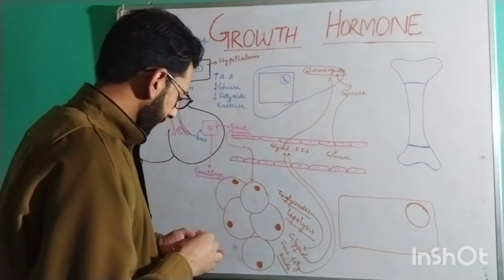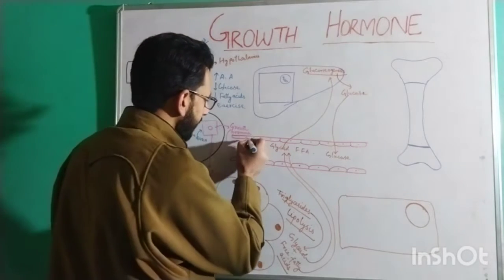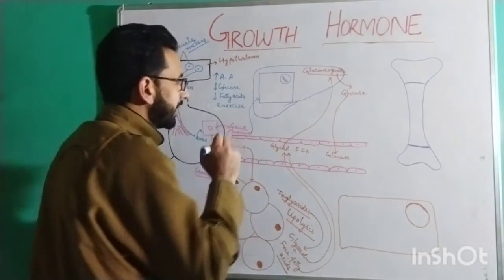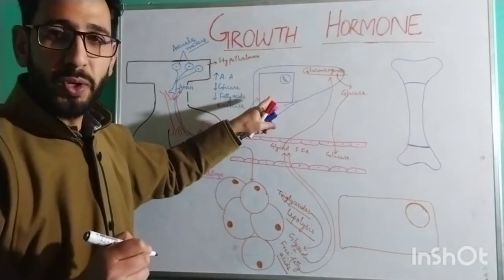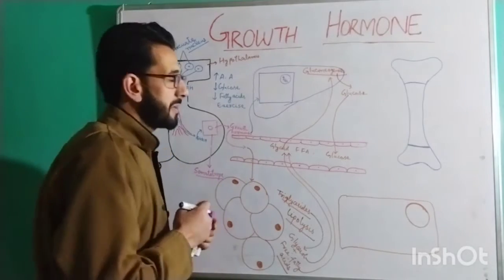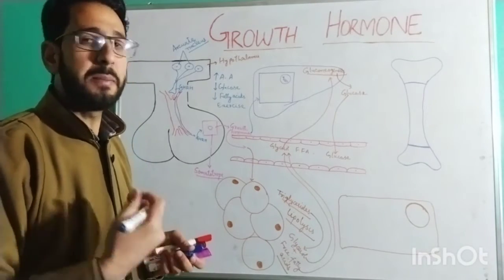Now this growth hormone moves to the liver, and in the liver we have the hepatocytes. Now this growth hormone acts on these hepatocytes, and it acts through a special pathway, through a special mechanism.